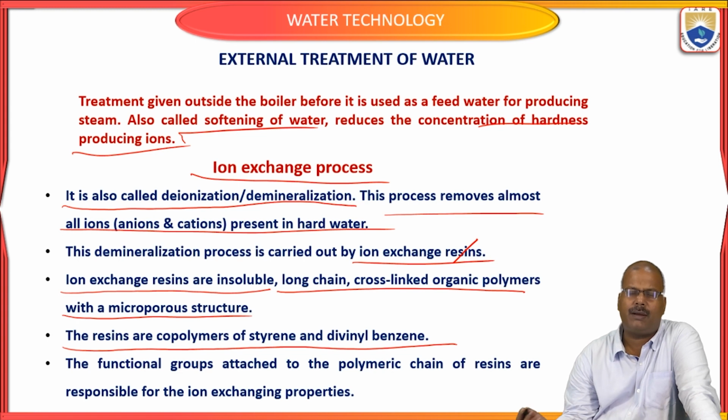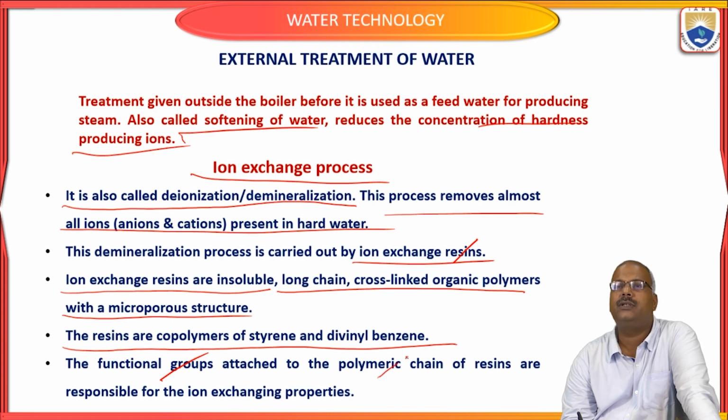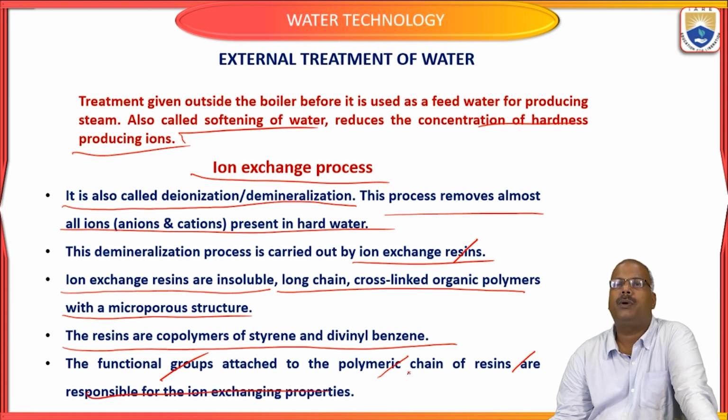When two different monomers combine to form a polymer, we call that polymer a copolymer.